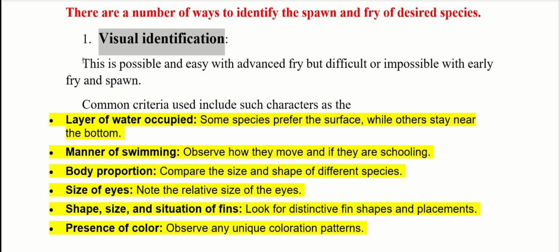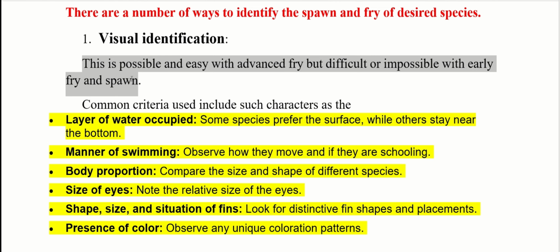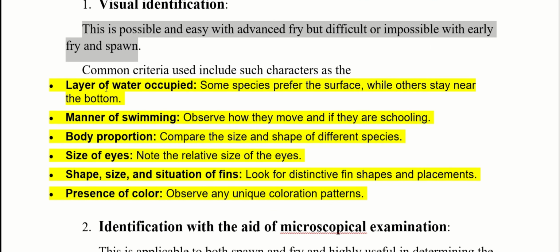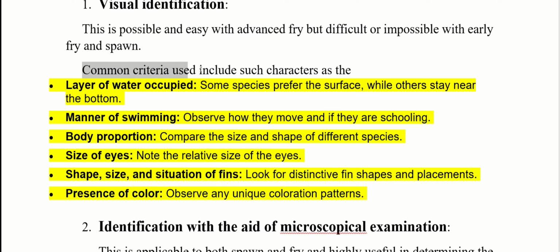Visual identification is possible and easy with advanced fry, but difficult or impossible with early fry or spawn. There are some common criteria by which we can identify or sort the fry of particular species required in fish culture.